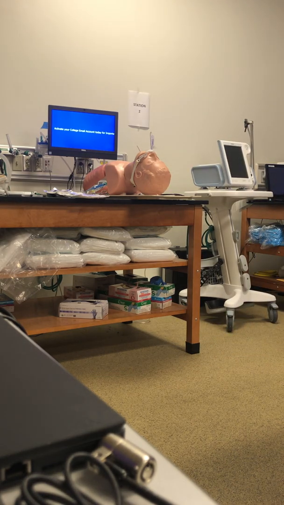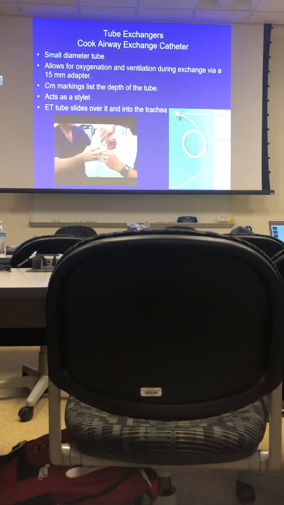A couple things I want you to think about here. This one here is the Cook. These are on your boards, the Cook and the bougie. The Cook has an inner diameter and there's a tube here, so you can ventilate through the Cook airway exchanger. There's a 15 millimeter adapter.